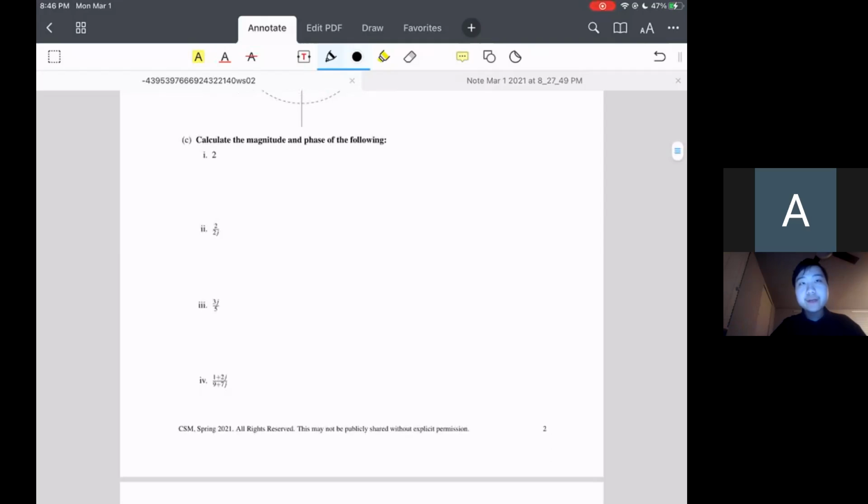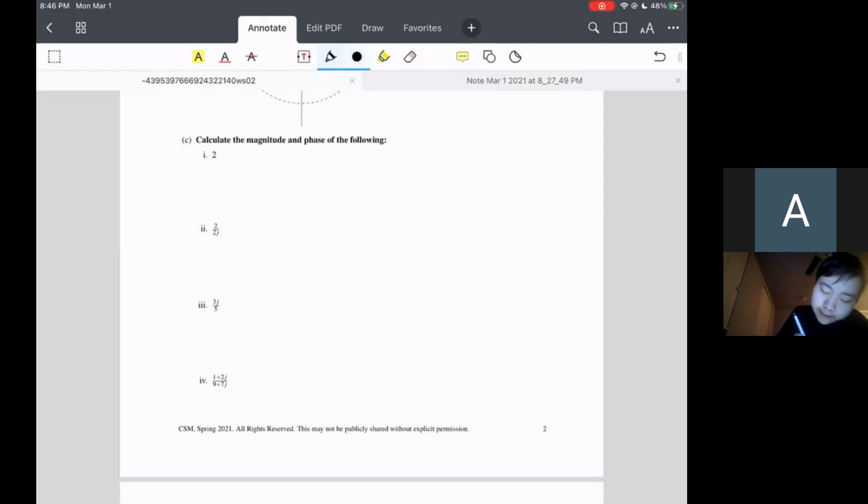We want to calculate the magnitude and the phase of the following complex numbers. We should note that real numbers are all complex numbers. So the magnitude of a complex number is just what we explained.